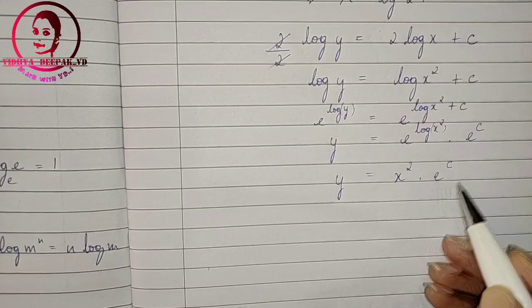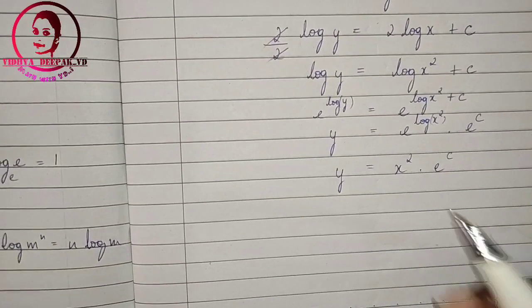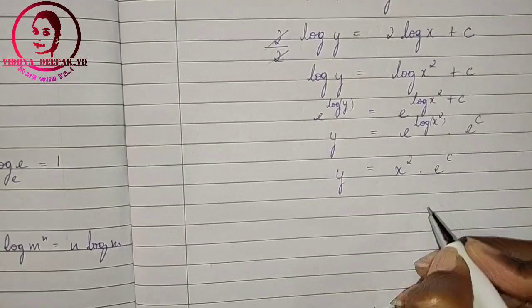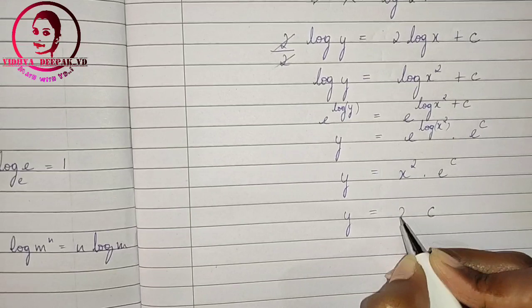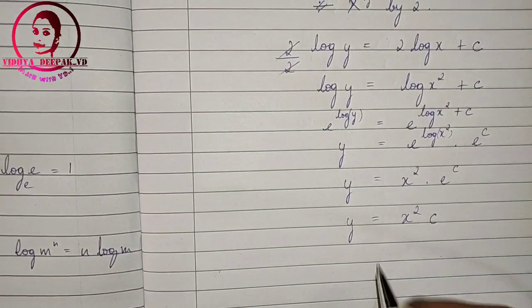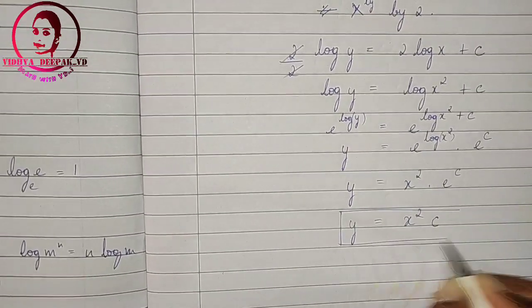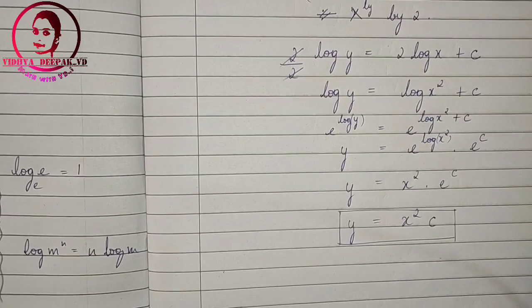Here you can see e to the power of c is also a constant, so I can replace this constant again by another constant c. So we have y is equal to x square c, which is our required answer.